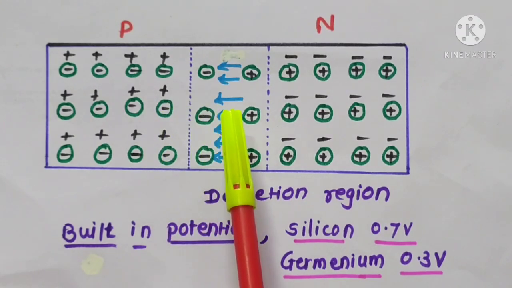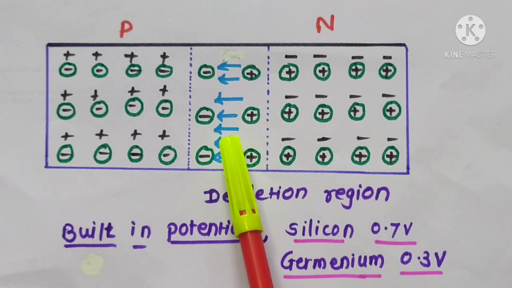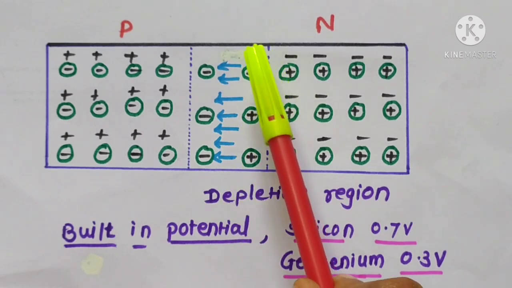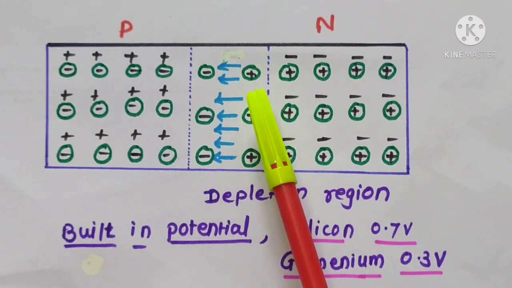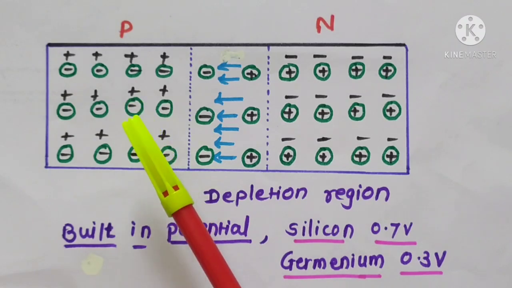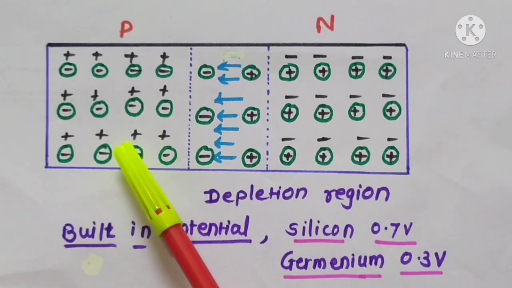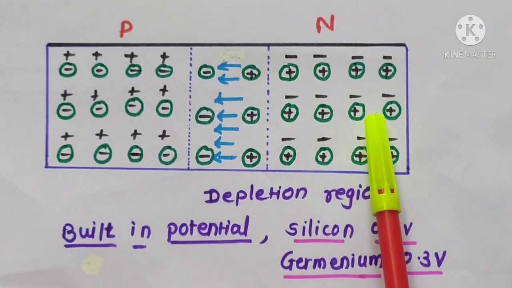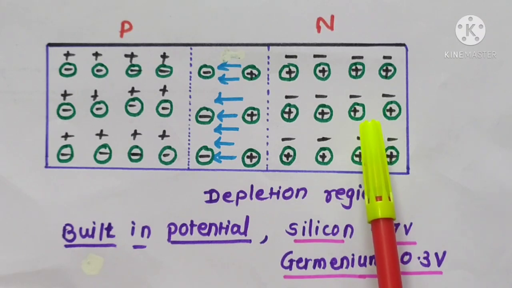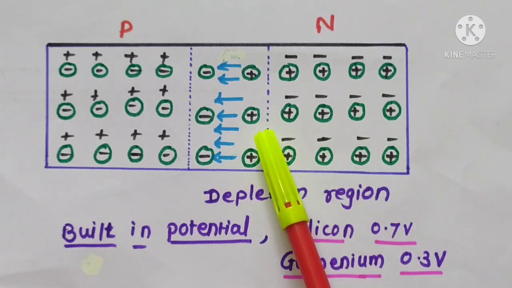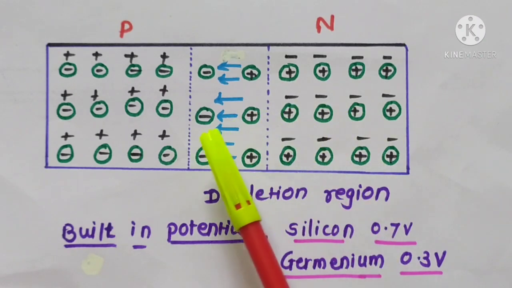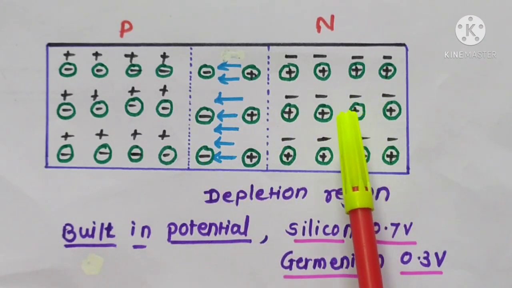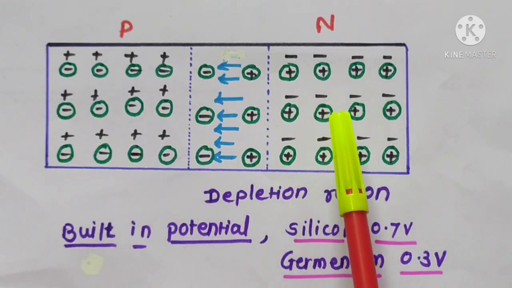We can say that these immobile ions create a barrier potential for the majority carriers, which are holes on the p side and free electrons on the n side. So they are not able to diffuse from either the n side to the p side or the p side to the n side.